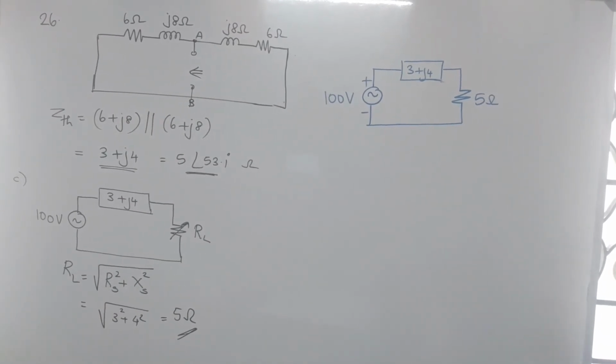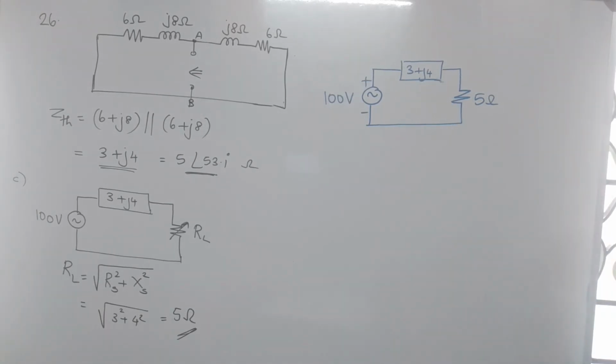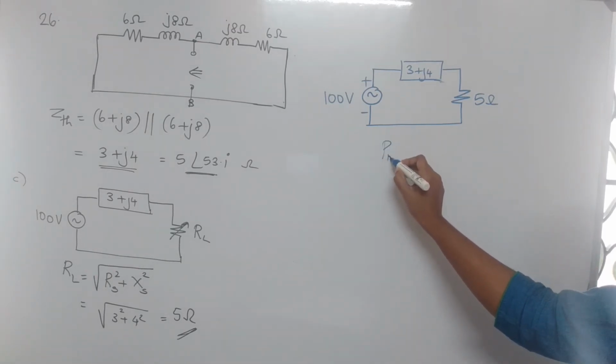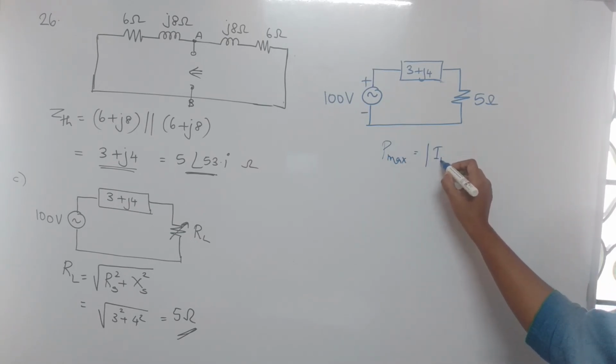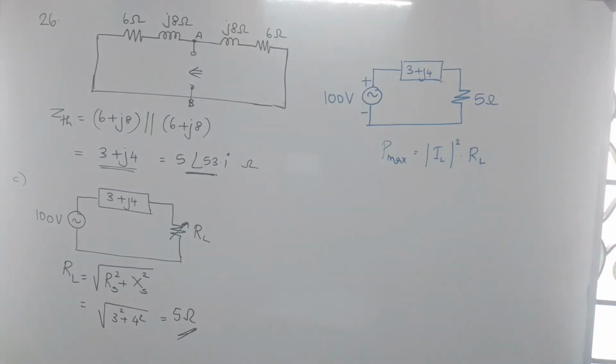Now we need to find out the maximum power. We have learnt Pmax equal to VTH squared by 4 RTH, right? But here it's not RTH, it is ZTH. So when the values are impedance values, Pmax needs to be found out using the equation Pmax equal to modulus IL the whole squared into RL.